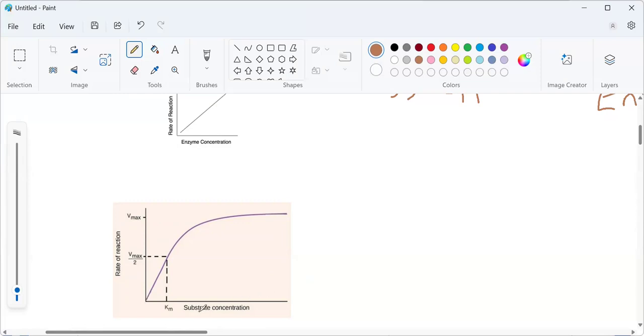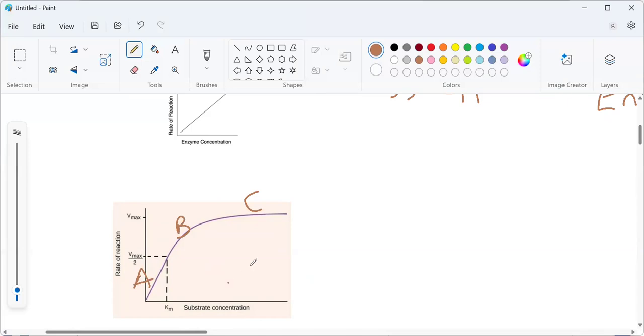A is linear, from this point to this point. Then B, there's a curve, and C, this part, is almost unchanged.